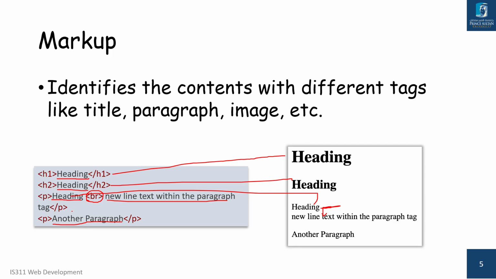What do you mean by content? We have the opening tag, and then we have the closing tag, and inside this, that is called the content of the tag. So these contents appear differently on the page based on the tag that we are using. Okay, so this is the meaning of the markup.